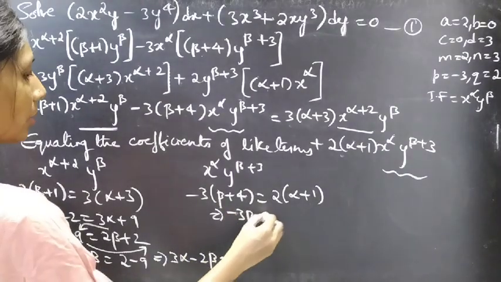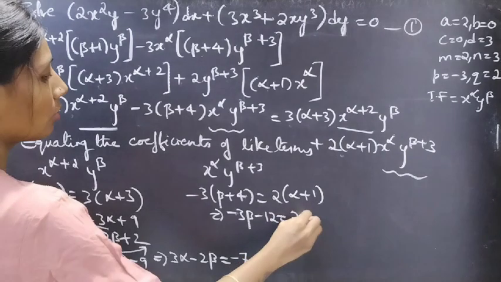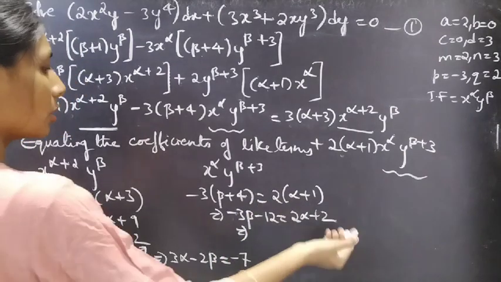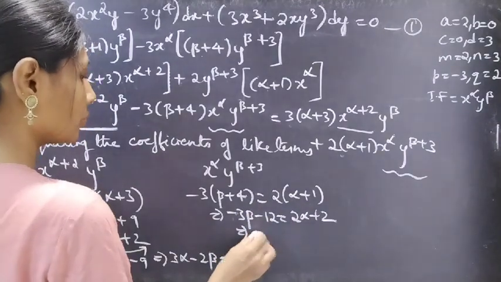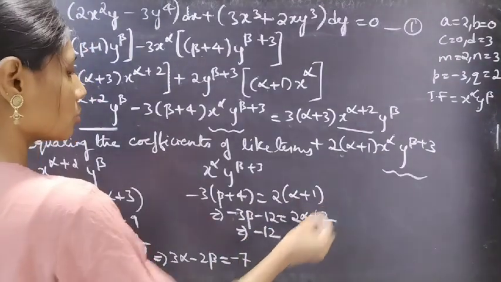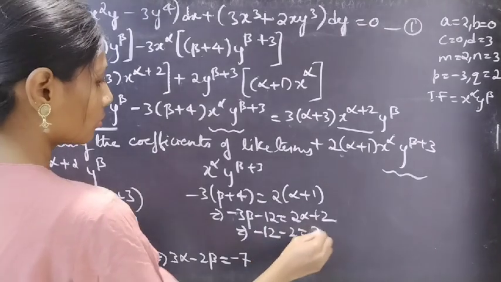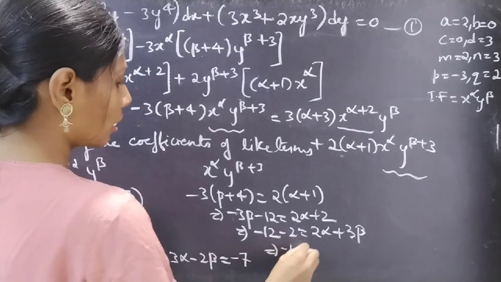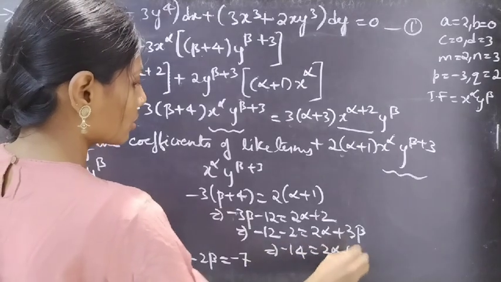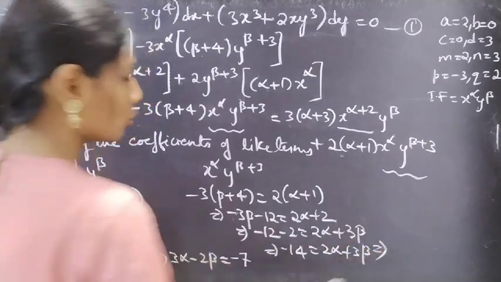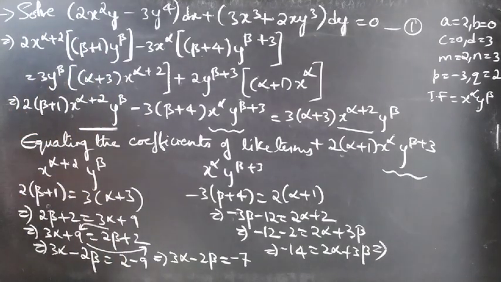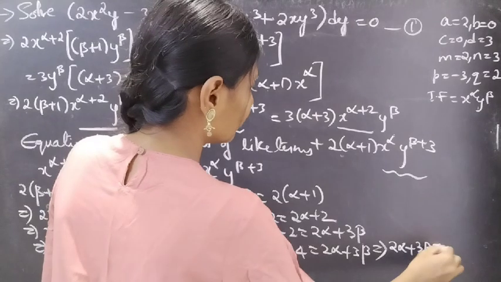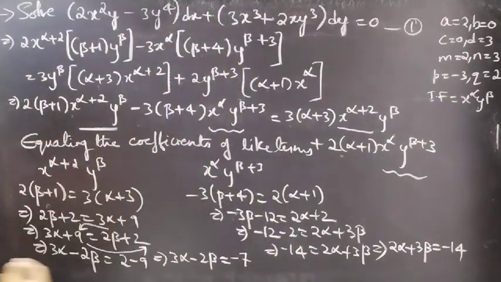And here you'll get −3β−12 equal to 2α+2. Now take this −3β to the RHS and bring this 2 to the LHS, which gives us −14 equal to 2α+3β, or we can write this as 2α+3β equal to −14.